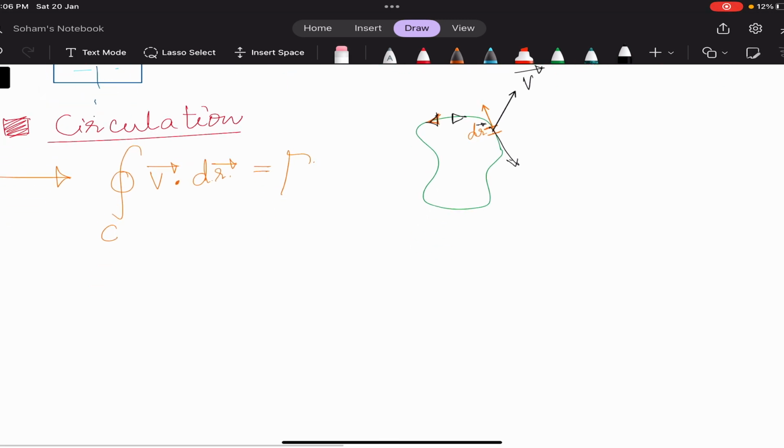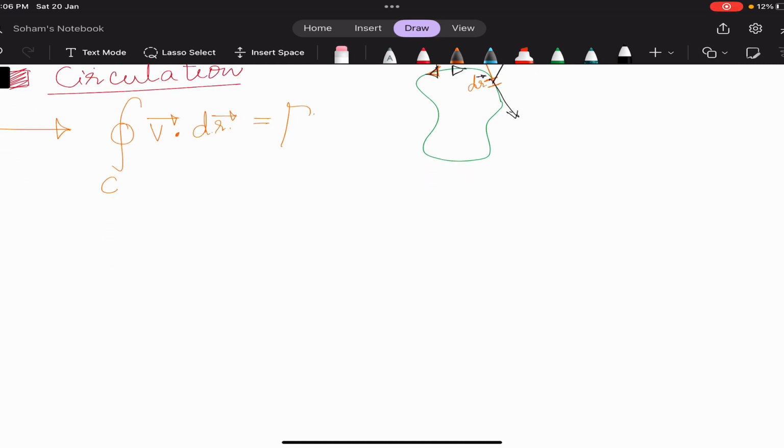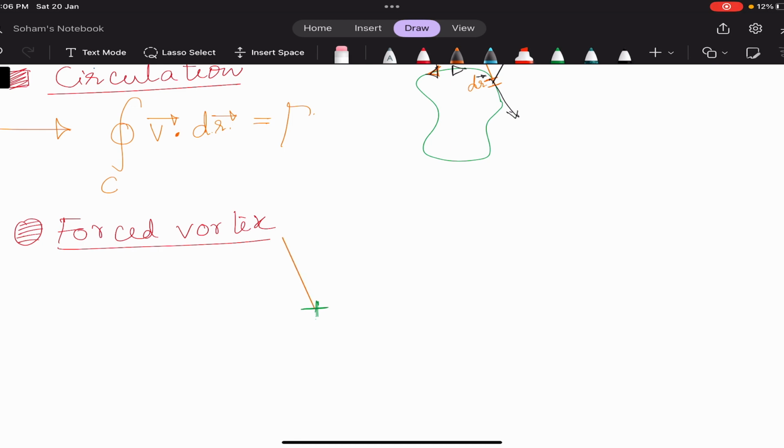So first of all, let us calculate the circulation for a forced vortex. Let me draw it. If this is the axis, we can take any contour, so I am taking a contour like this.